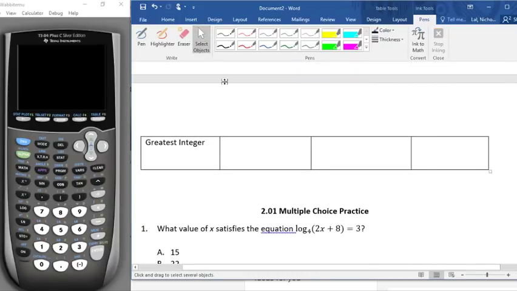And for the greatest integer function, it should look something like the floor of x, and so the domain should be all real numbers, but the range should be all integers.